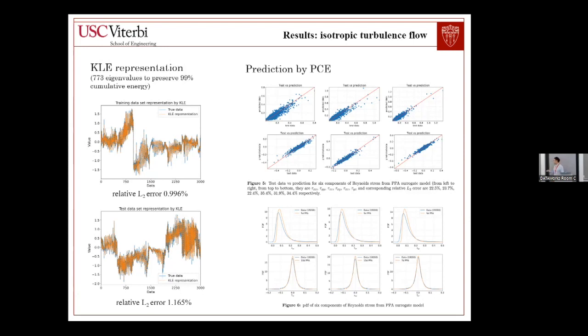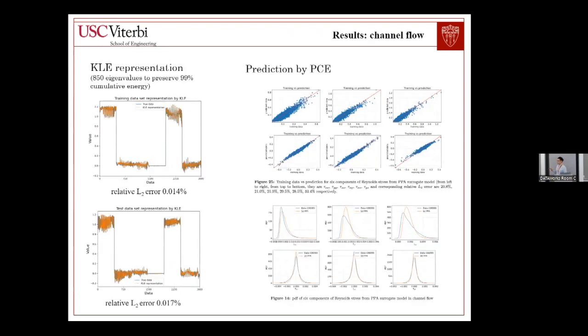We also apply the same framework to channel flow, which is fundamentally different and very important in many engineering applications. For example, in aerospace applications, channel flow is very important. As you can see, the results are still very good, which proves that this method is very robust.